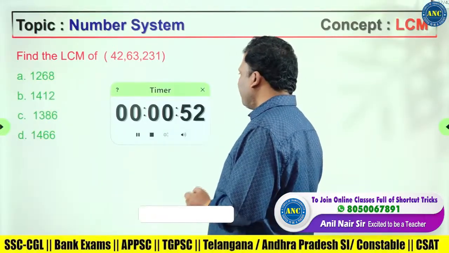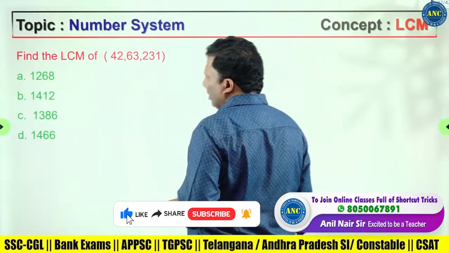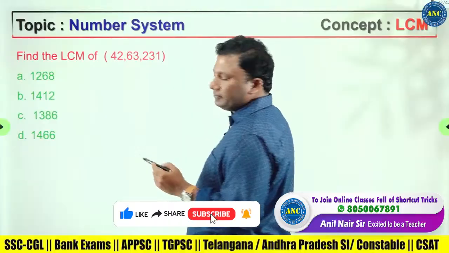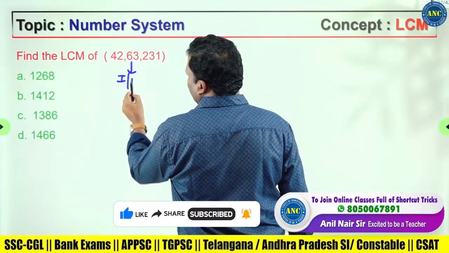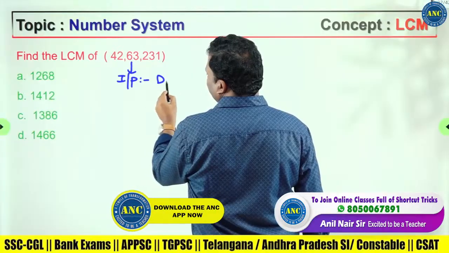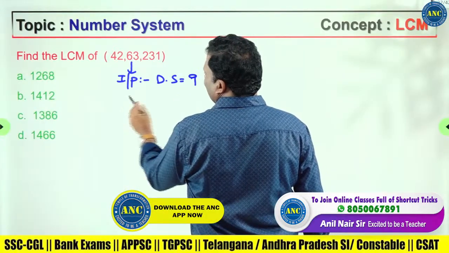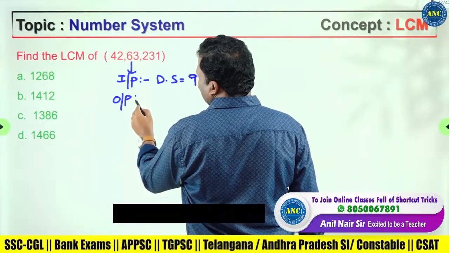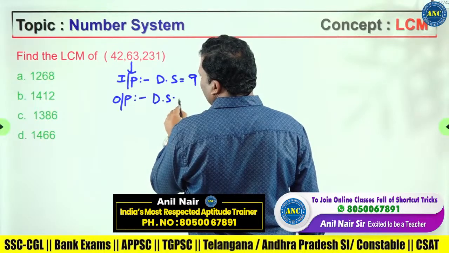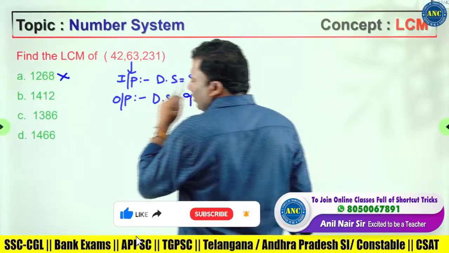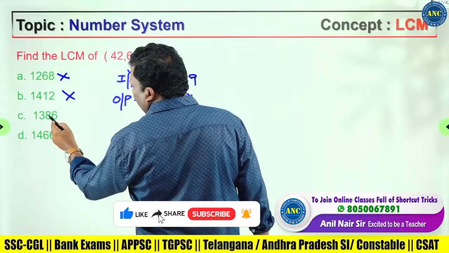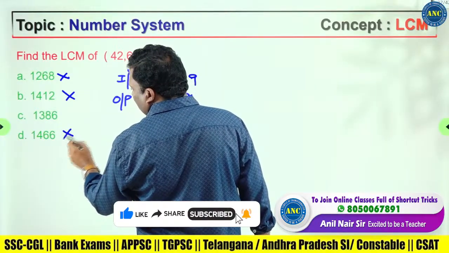Now see. Input 63, digital sum is 9. Sir, all option answers are visible. Yes. Output digital sum should be 9. This is not 9. 14, this is also not 9.